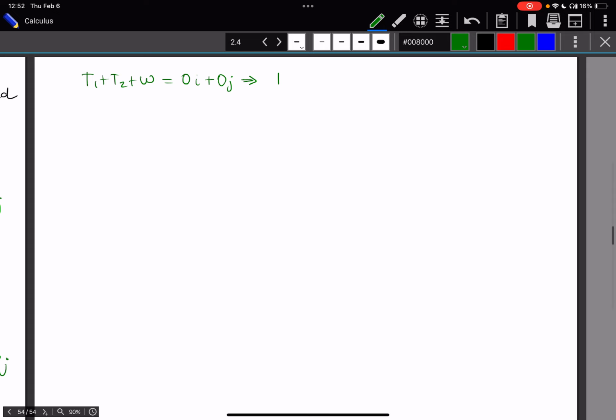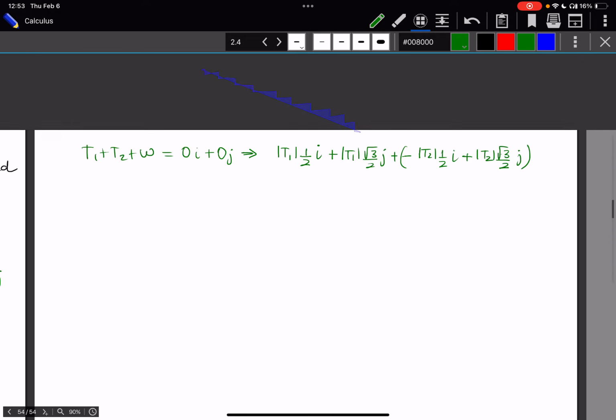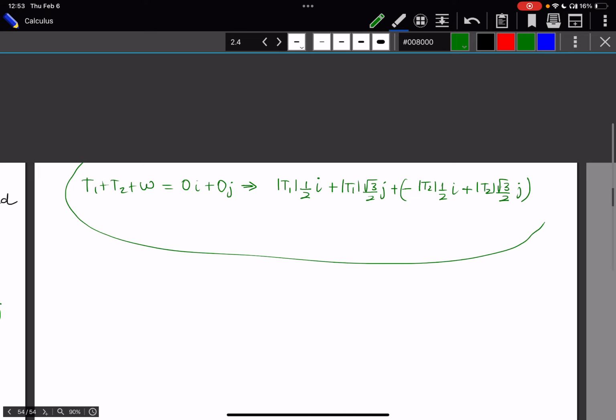And then T1 was magnitude of T1 times 1/2, and times I, plus magnitude of T1 times square root of 3/2 times J. And then we have T2, and then magnitude of T2, and there was a negative sign in front of it, and then 1/2 of I. Then we have magnitude of T2, square root of 3/2 times J. And I'm going to move this a little bit to the left.